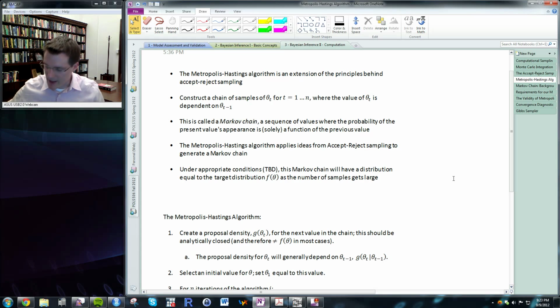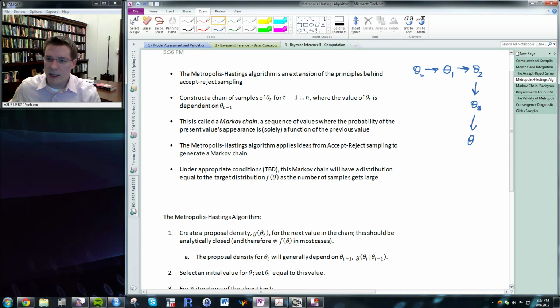What do I mean by that? Well, the way that we construct the density, we start with some candidate value, and then that candidate value, through a process which I will describe, determines the distribution of the next item in the chain, which then determines the distribution of the next item in the chain, and so on.